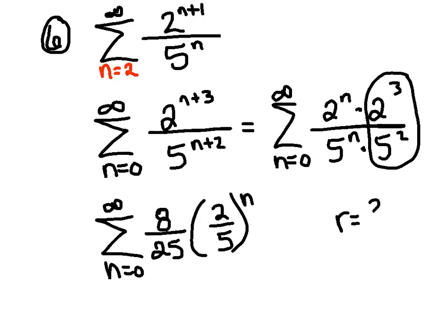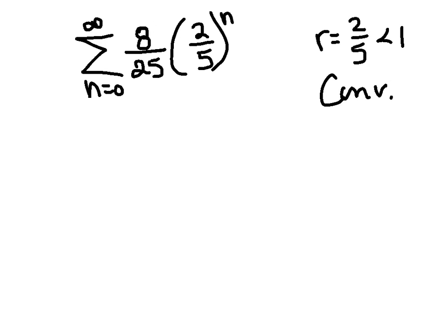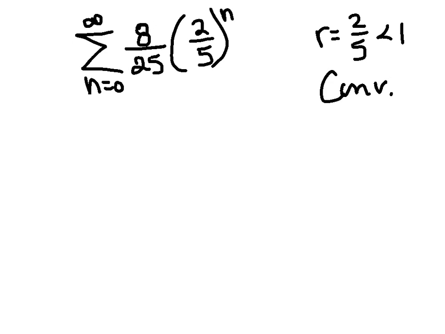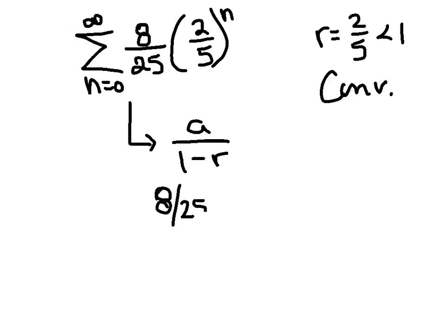Because my r value, or my common ratio, is less than 1, this certainly converges. What does it converge to? Well, we could say that this series converges to a divided by 1 minus r, which is going to be 8/25 divided by 1 minus 2/5.